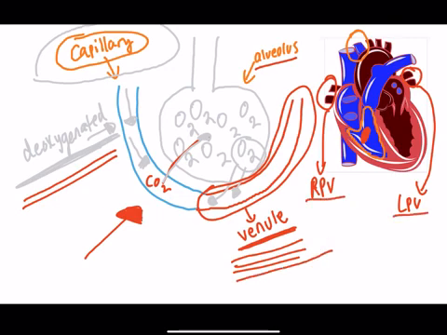And also, all the blood that's dumped into these pulmonary veins, the right pulmonary veins and the left pulmonary veins, no matter what, is going to come and dump right here into the left atrium.